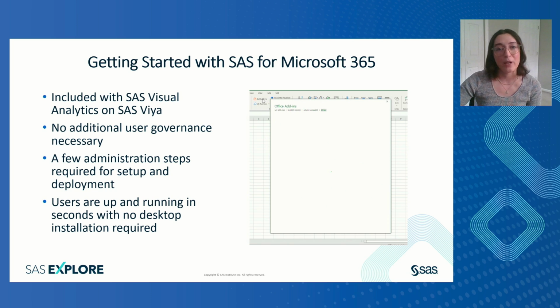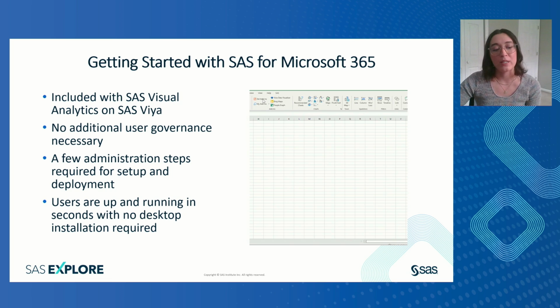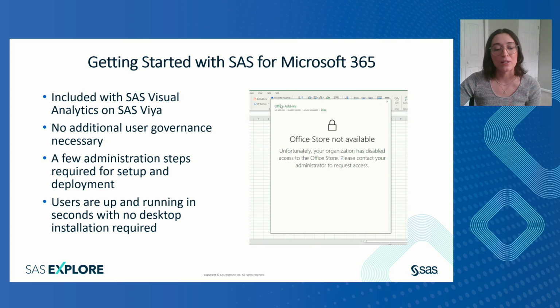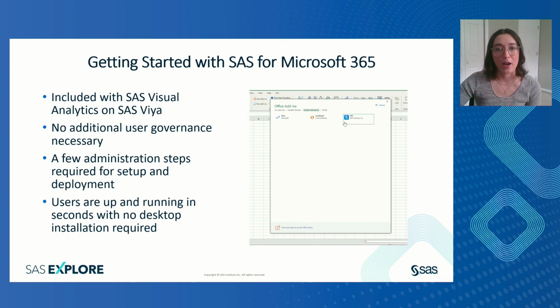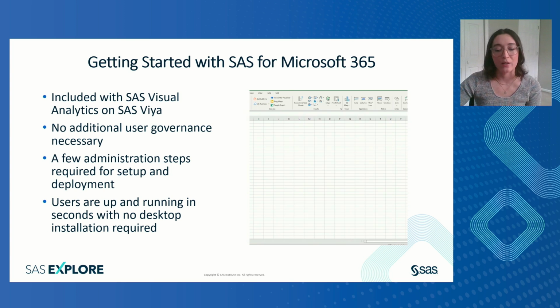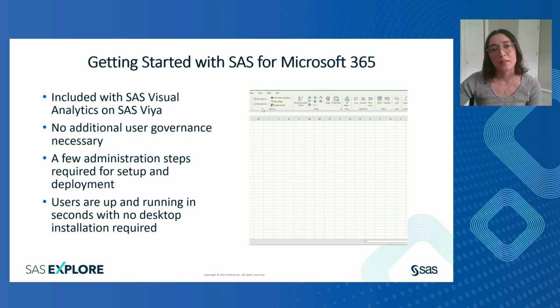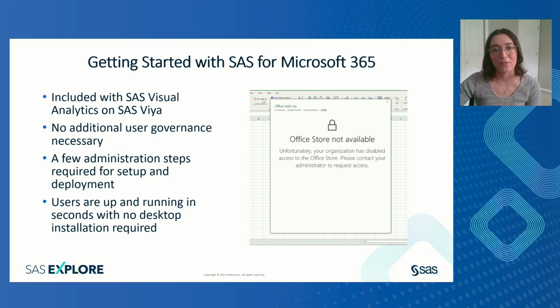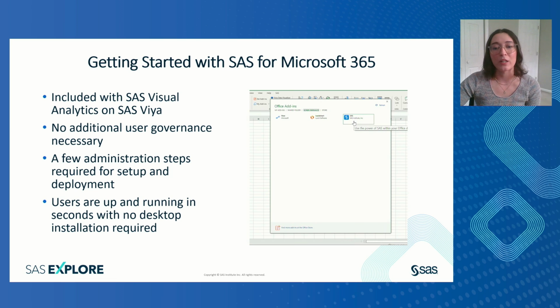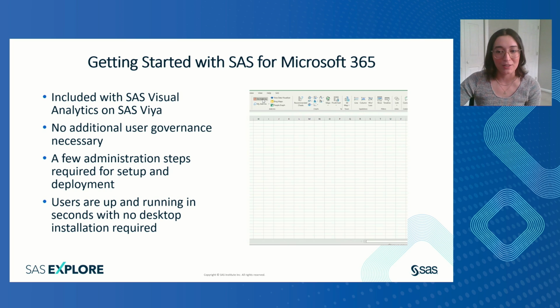To make SAS for Microsoft 365 available as an Excel or Outlook add-in, a SAS admin would need to customize manifest files for your specific SAS Viya environment and then deploy those files in Microsoft 365.